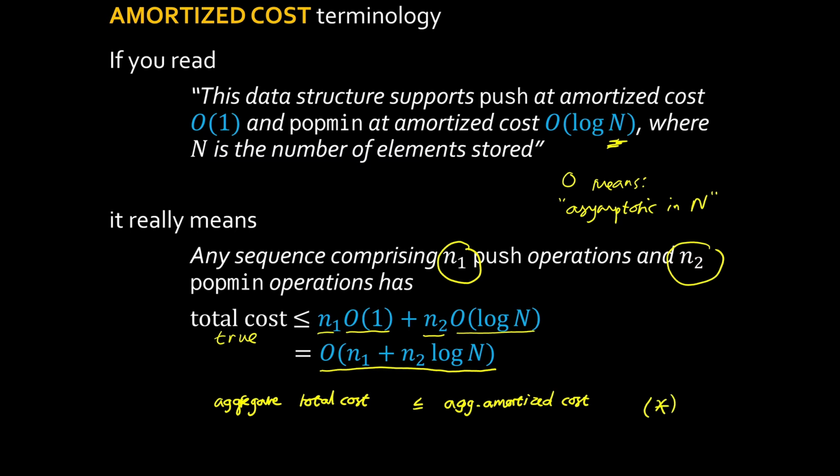How do we invent accounting costs? How do we invent amortized costs? There is a systematic way, a useful, simple trick, and let me write out the abstract definition of that trick. A general purpose method for producing amortized costs is called the potential method, and it's defined like this.